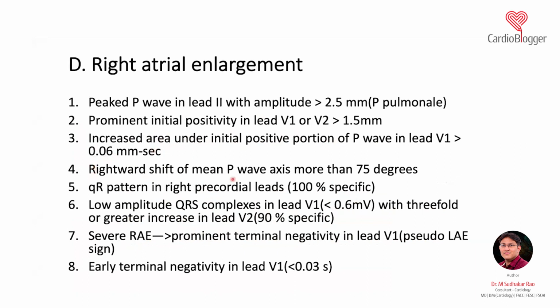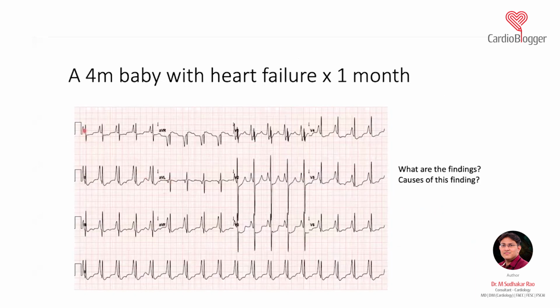Now, if there is a rightward shift of the P wave axis, I think in your previous classes you would have heard of the QRS axis. It is very difficult to determine a P wave axis. It is usually given by the computer. So you have to see all the P waves in the 6 leads. This is positive, this is positive, all are positive except lead AVR and AVL.